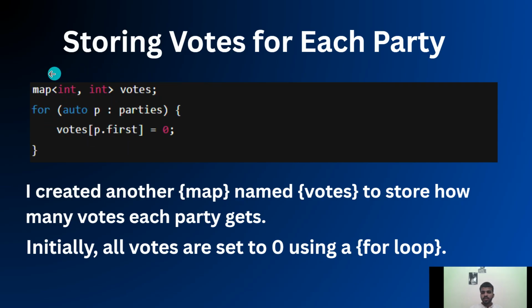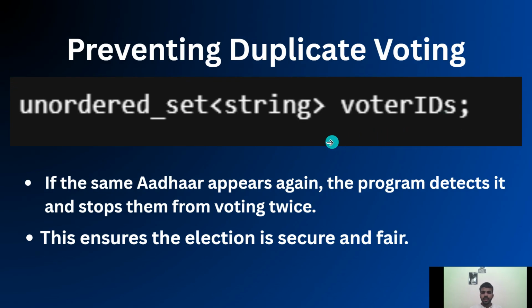The votes are initialized to 0 using a for loop. All parties start with 0 votes. Now let's move to the next slide.